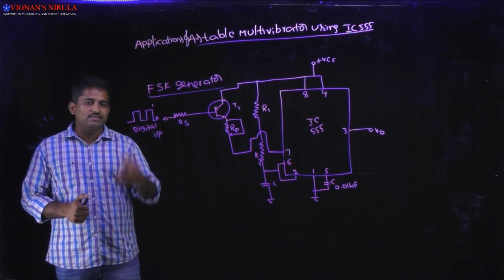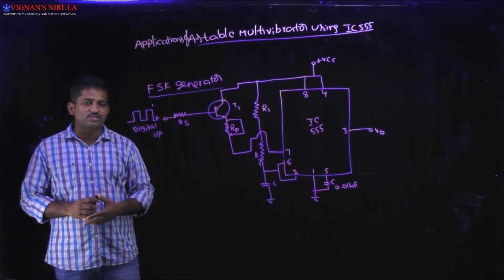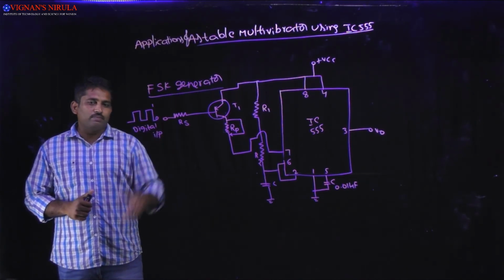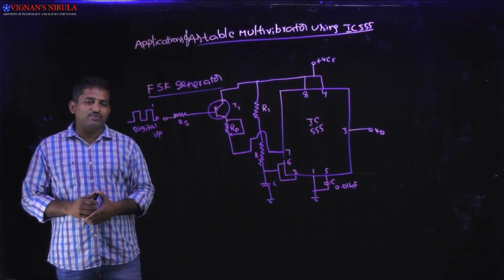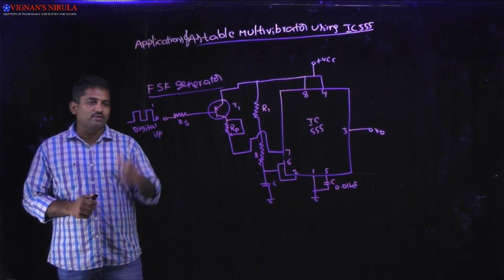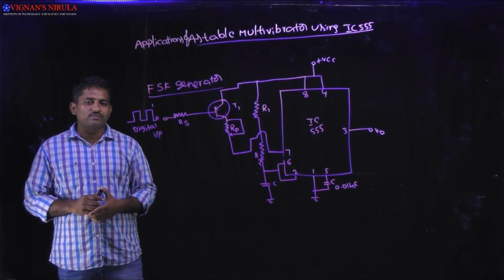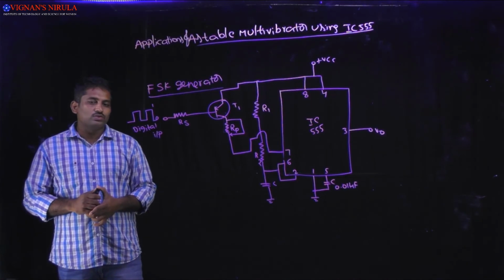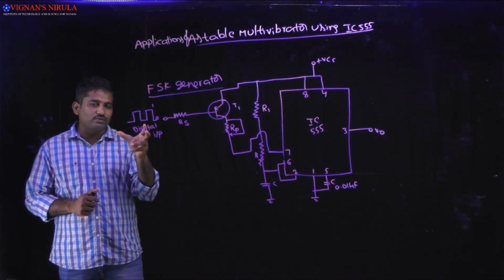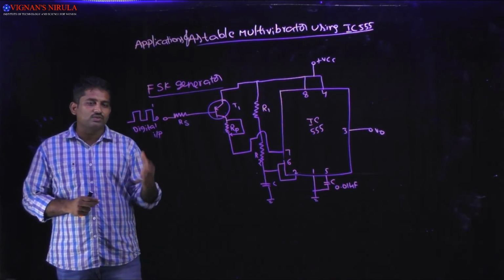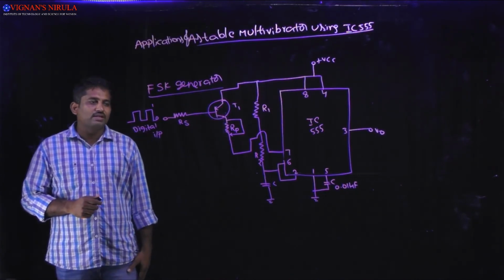The binary signals, which are nothing but ones and zeros, are transmitted by shifting the carrier frequency, and one fixed frequency represents 1 and another fixed frequency represents the binary symbol 0. So this type of shift technique is called the frequency shift keying technique. By using this technique, we can transmit the binary data.